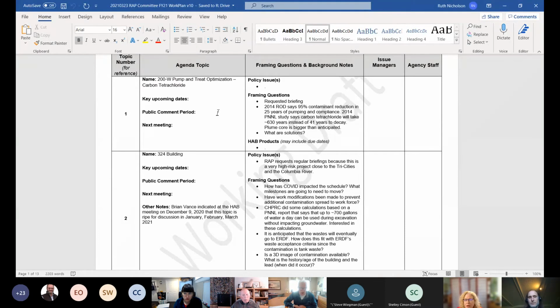And so the RAP, don't tell any of the other committees I said this, but the RAP has the most complete work plan in terms of topics and framing questions and describing what are the things you're interested in. But don't tell the other committees I said that.